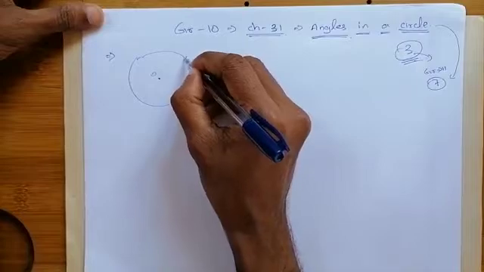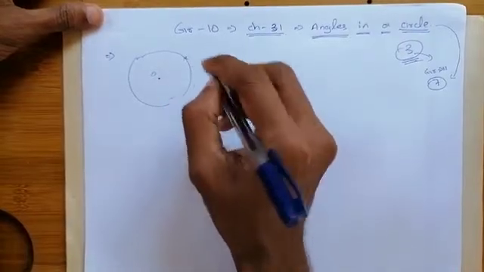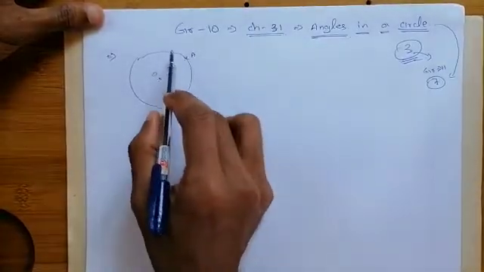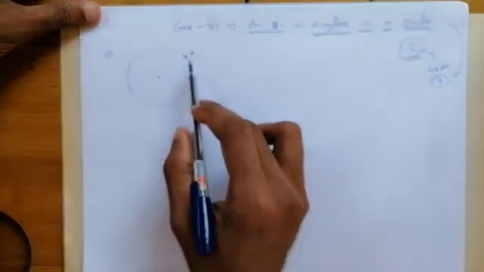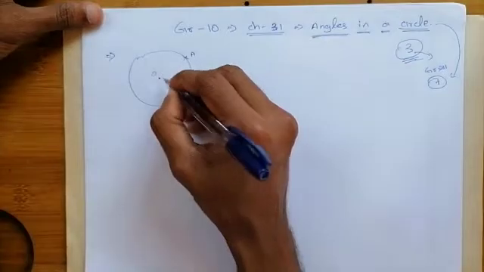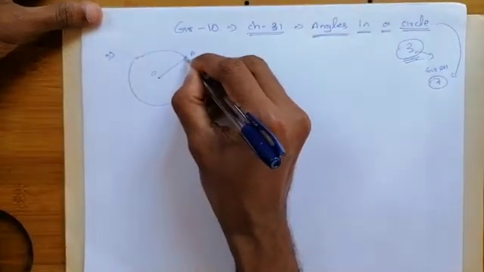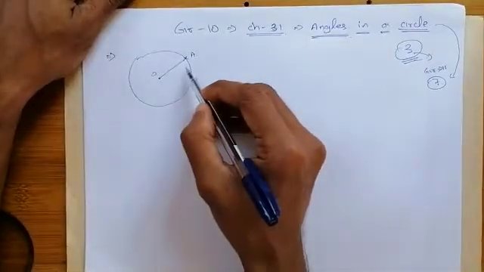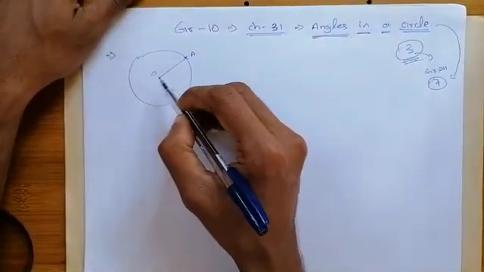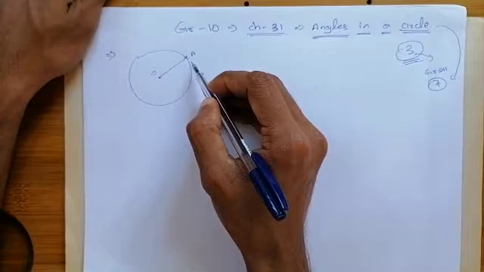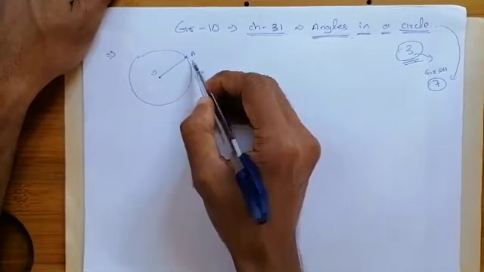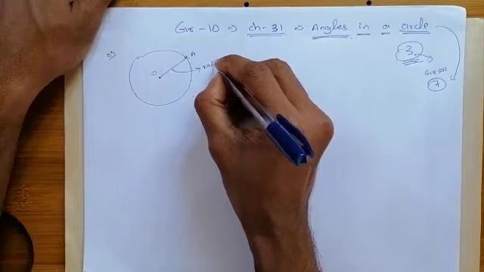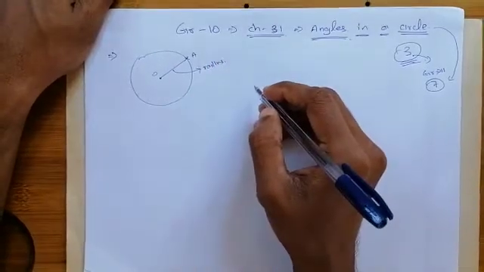If you mark a point on the circumference, we'll name it A. If you connect OA, OA means the distance between the center and the circumference. The distance between the center and the circumference, as you all know, we call the radius.